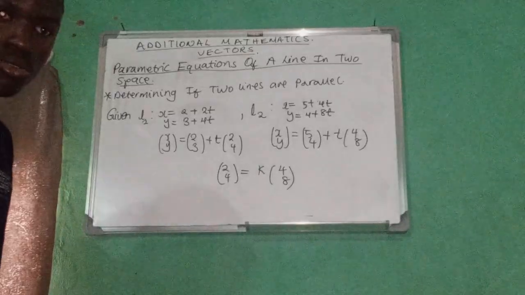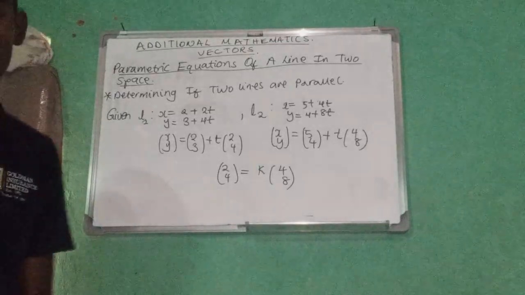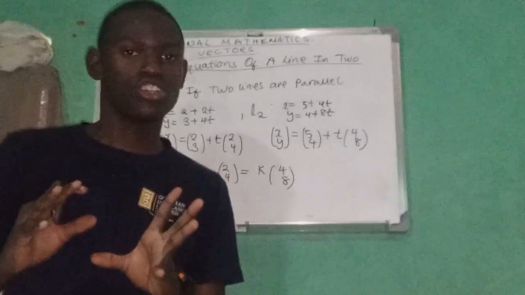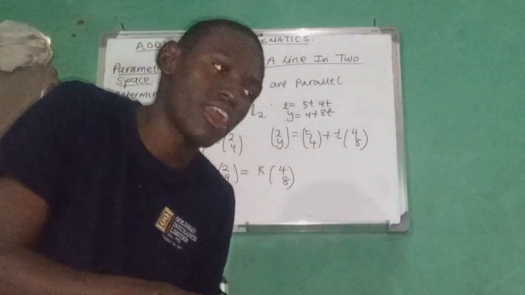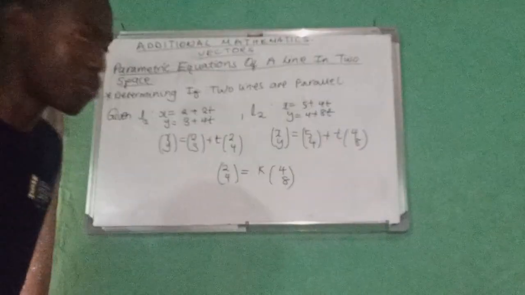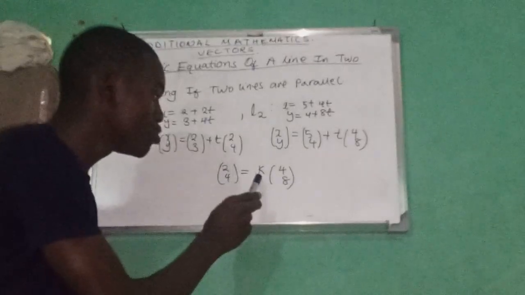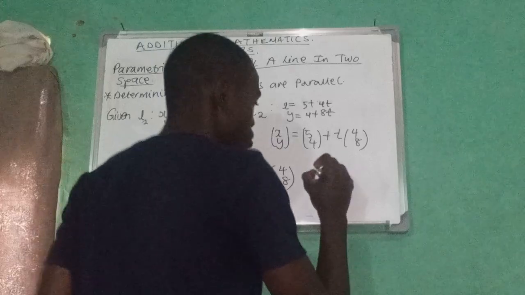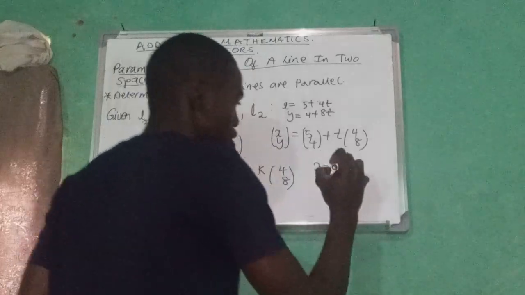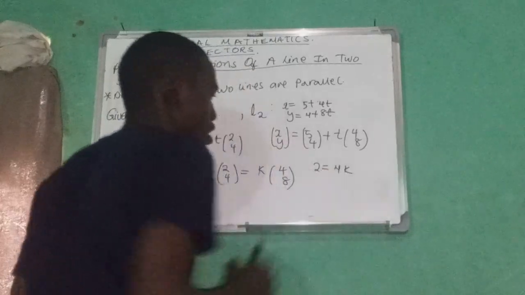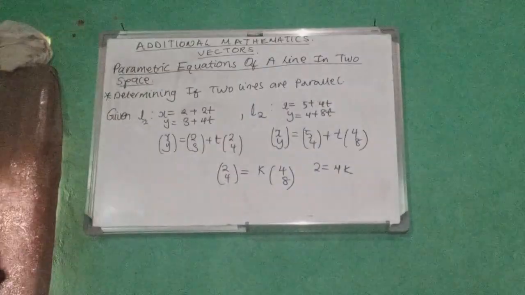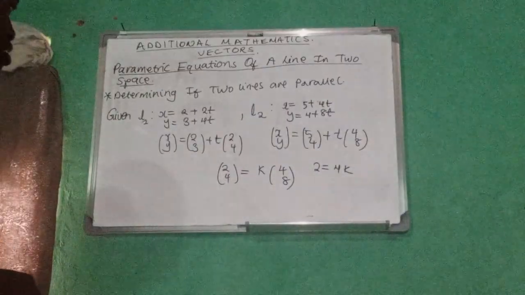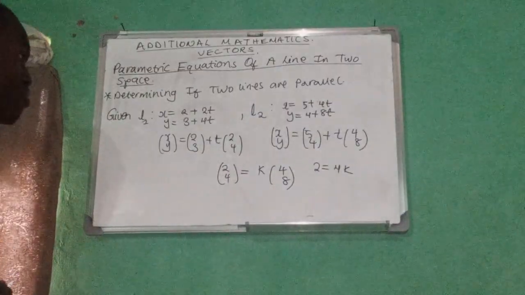And then we'll do like we did when we were changing a vector equation back into a scalar equation. We get the top row. So 2 is equal to k times 4, which is 4k. 2 is equal to 4k, like that.